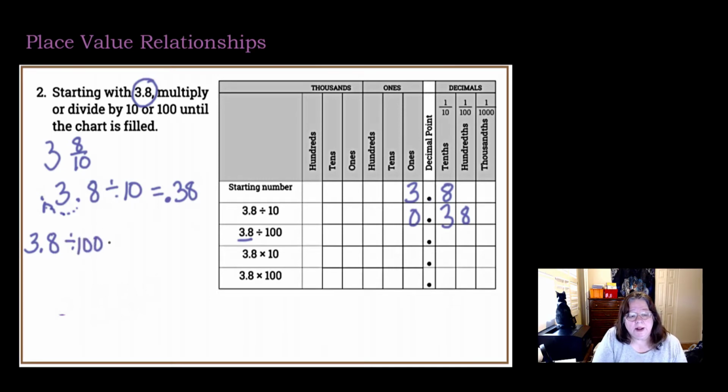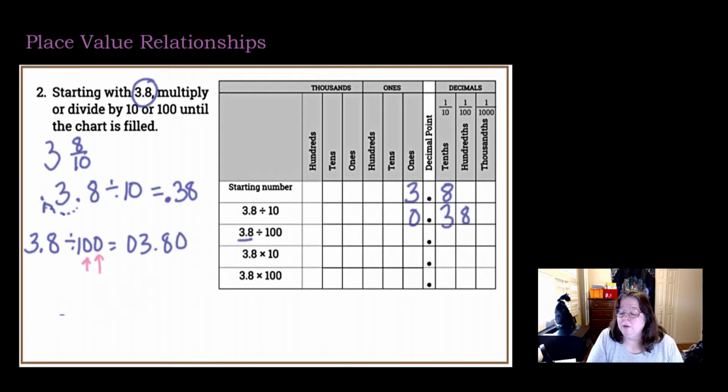So think about it this way. I'm going to write my number again, and because I want to give myself a little bit of time to think about this, I'm just going to put a 0 in front and a 0 behind. Does it change the value of the number? No, it doesn't. So 3.8 divided by 100. Notice that I've got 2 zeros here.